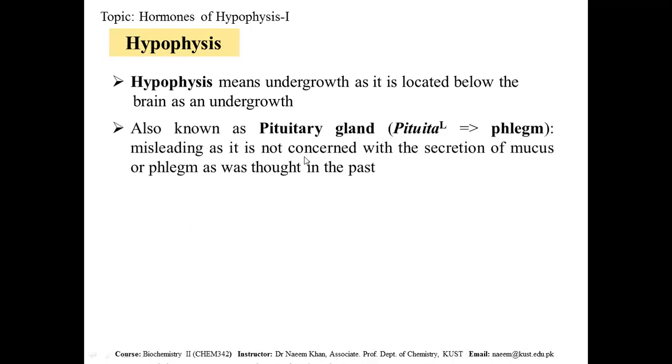Hypophysis literally means undergrowth, and this name was given because of its location, which is below the brain. This gland is also known as the pituitary gland, and pituitary is from the Latin pituita, which means phlegm. This name is misleading, because it was believed in the past that this gland is responsible for the secretion of mucus or phlegm.